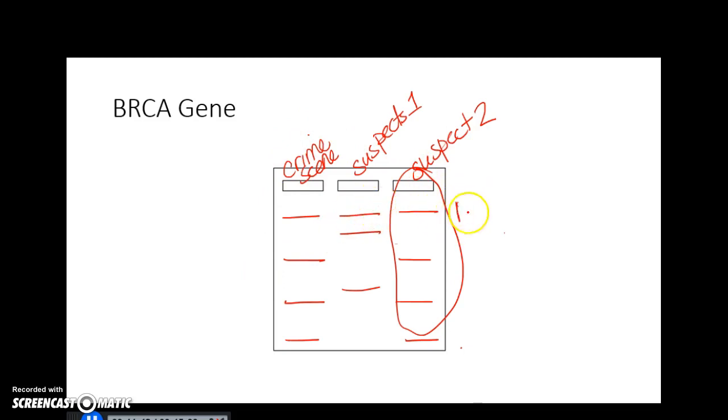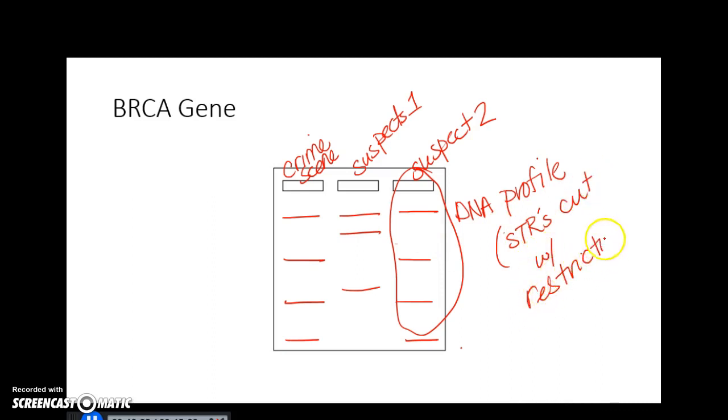Okay, so this is called the DNA profile. So this is basically everybody's STRs cut with restriction enzyme. Okay, so we would make sure to cut all the DNA with the same enzymes and see how it turned out. And everybody's, like I said, should be different.